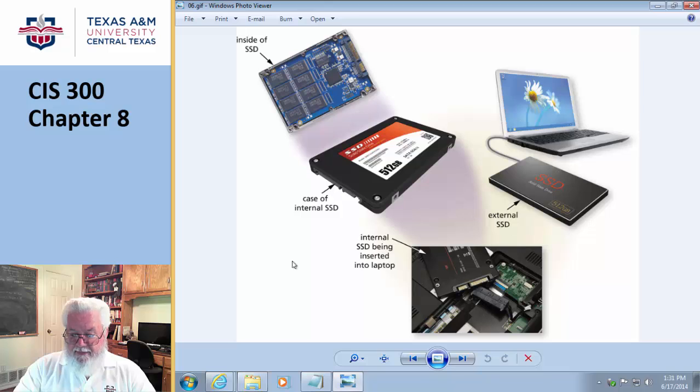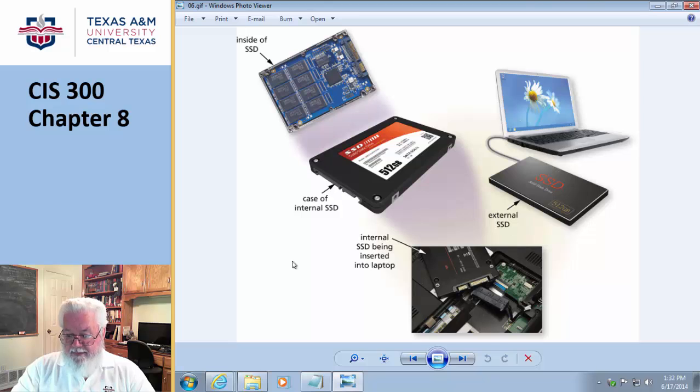And there are all different kinds. There's CompactFlash, and there's SDHC and SDXC. There's all this alphabet soup of kinds. So if you got a new camera or a new tablet, you need to find out what kind you got.